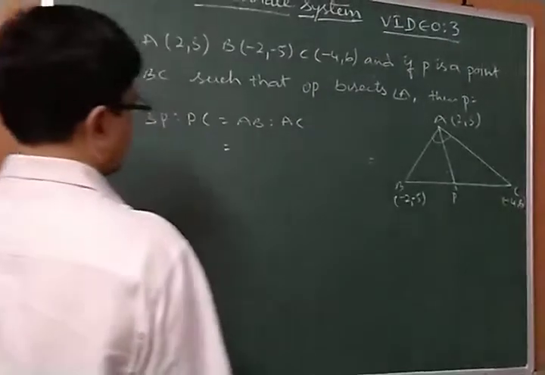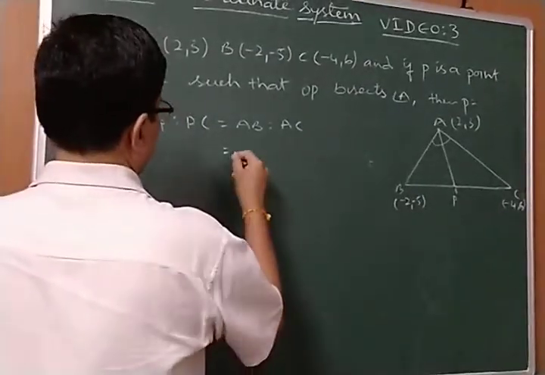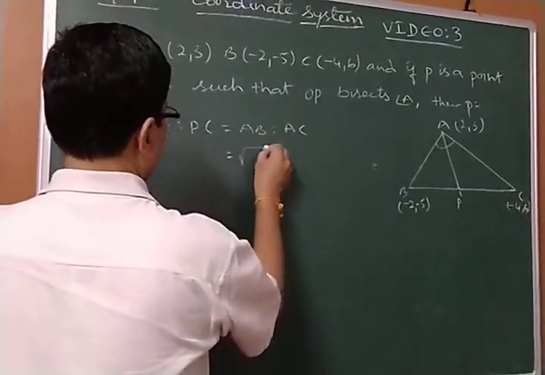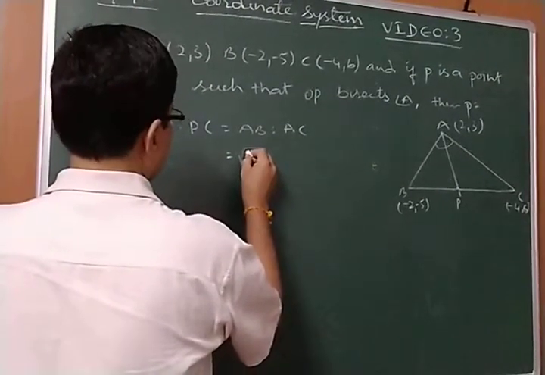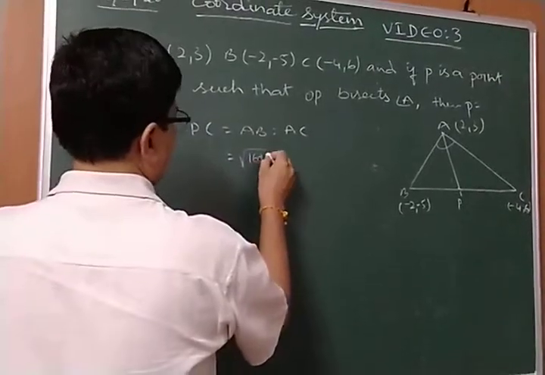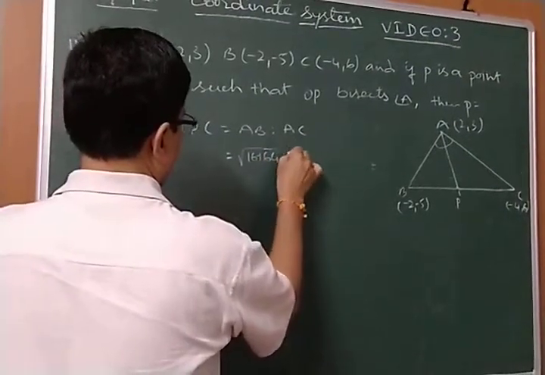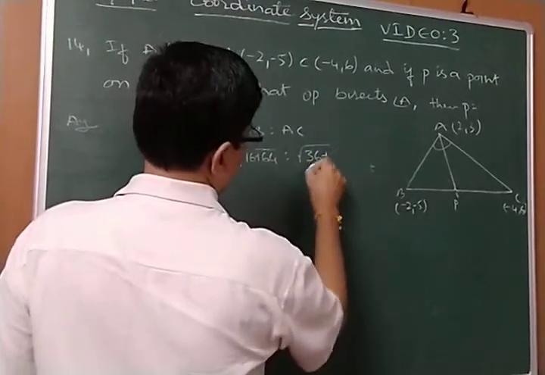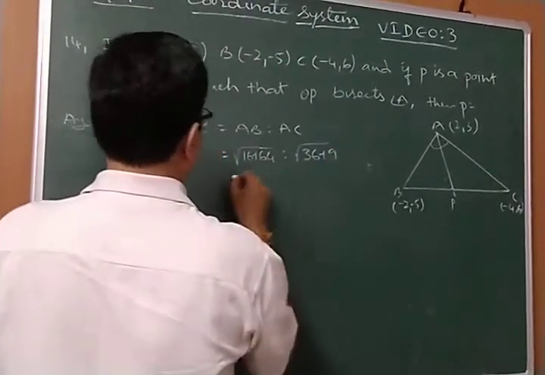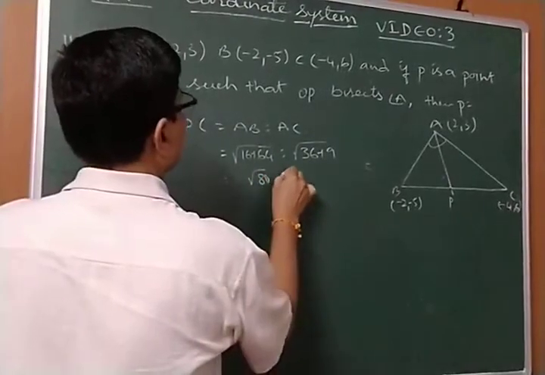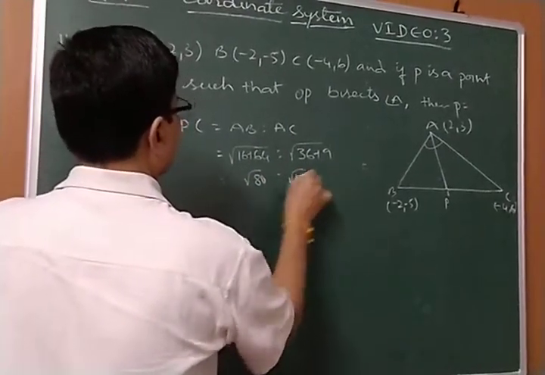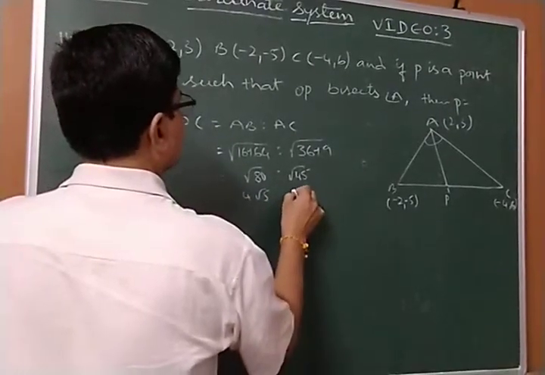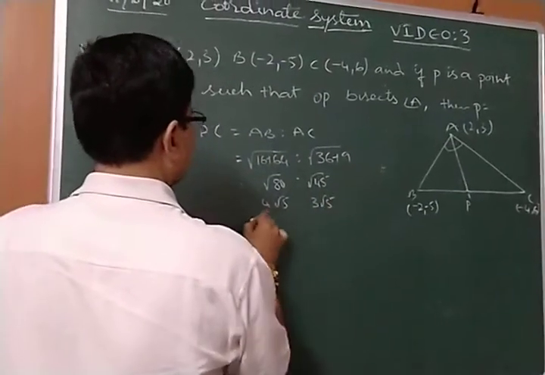Now AB is the square root of 16 plus 64, and AC is the square root of 36 plus 9. This is root 80 to root 45, that is 4 root 5 to 3 root 5, which is equal to 4 to 3.